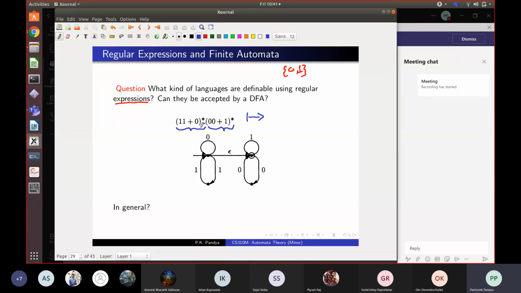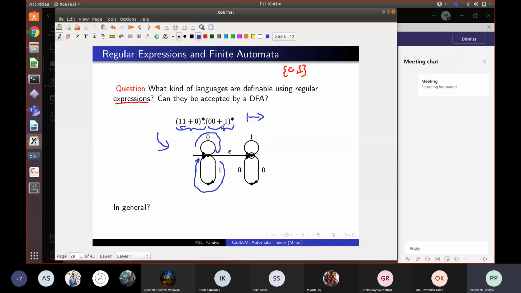You can see that this regular expression denotes the same language as the language accepted by this automaton. First, you are in this state where you will accept either a subword 11 by taking this arrow and then this arrow, or you will take a 0, and this can repeat any number of times. So the first sub-expression is denoted by this blue arrow marked sub-automaton.